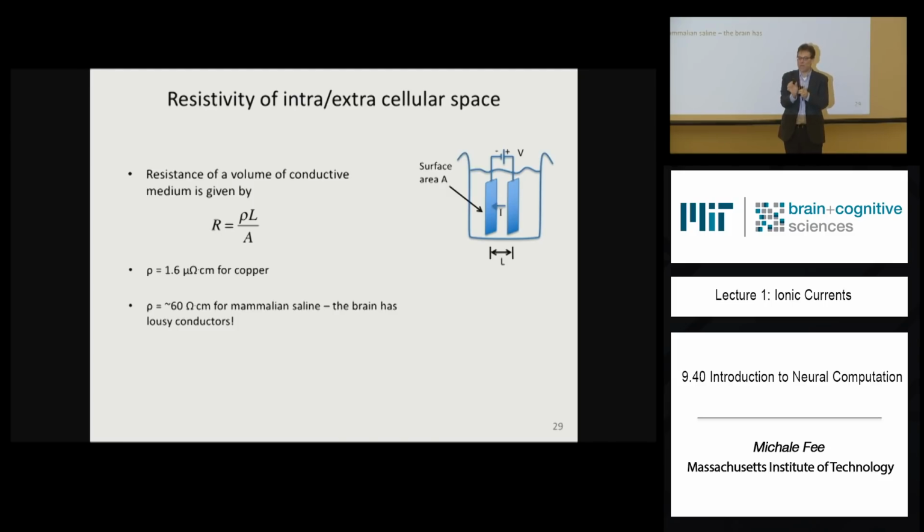What that means is if I took a block of copper, a centimeter on a side, and I put electrodes on the side of it, and I measured the resistance, it would be 1.6 microohms. That means I could run an amp through that thing with 1.6 microvolts.